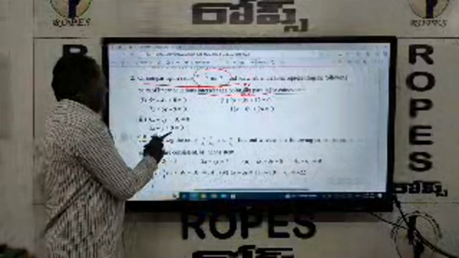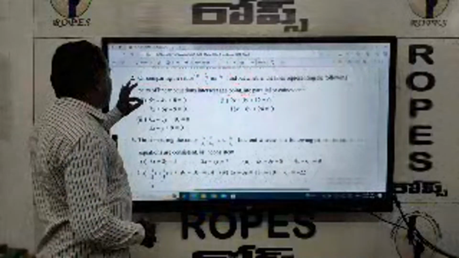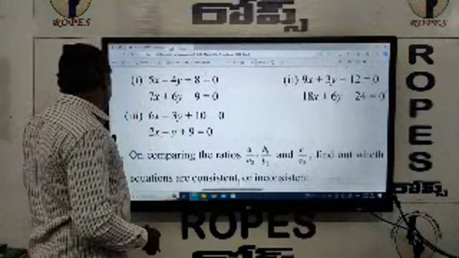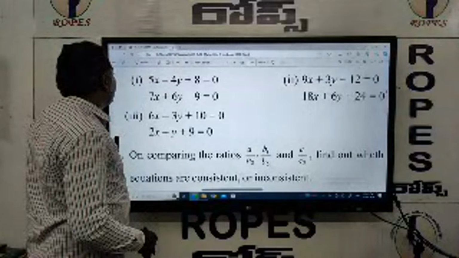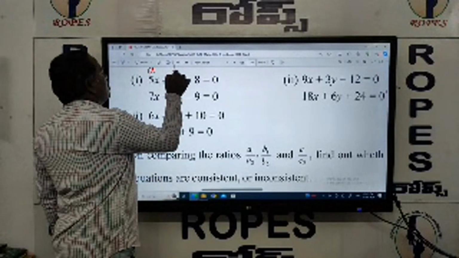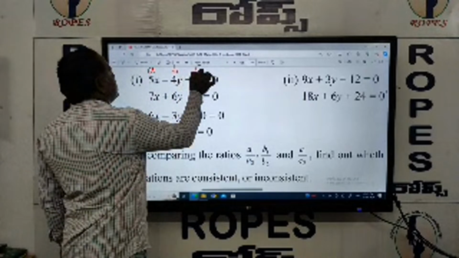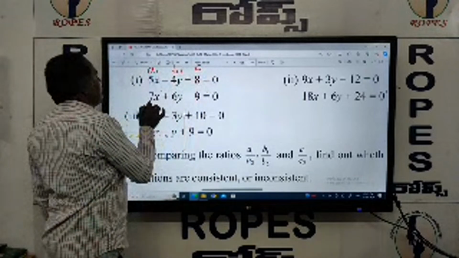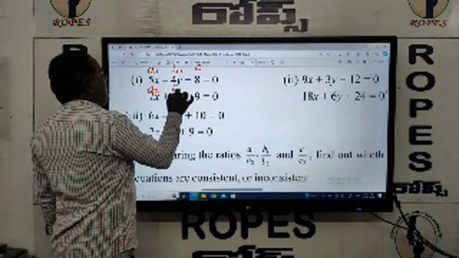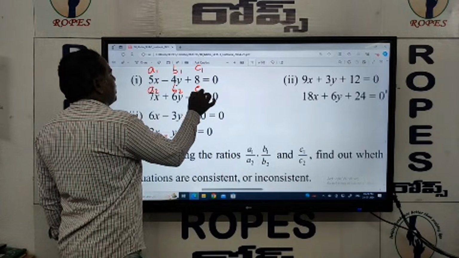This one also we completed clearly in the last video. In the first sub question, A1 is 5 and B1 is -4 and C1 is 8, and A2 is 7 and B2 is 6 and C2 is -9.